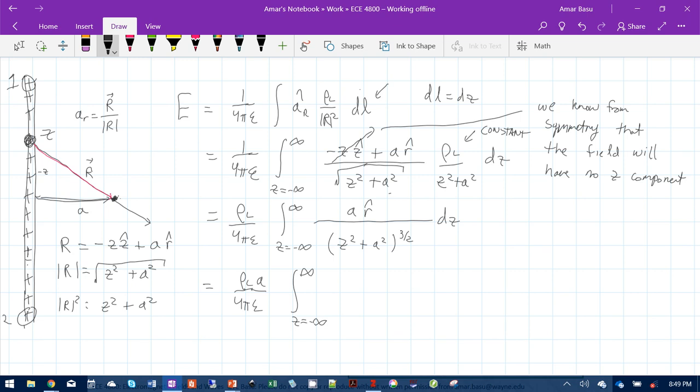And A is also a constant, so we can move that out. And in fact, we can even move the r hat term out because it's not a function of z. Anything that's not a function of z, we can move out. So we're left with z squared plus a squared to the power of 3/2. All right, now who remembers how to solve this fun integral?